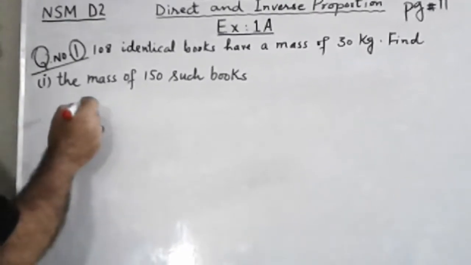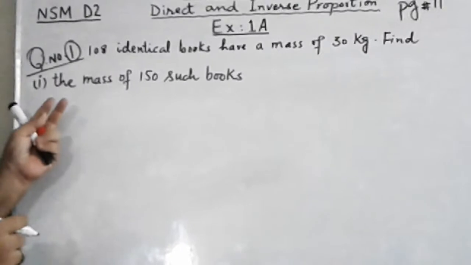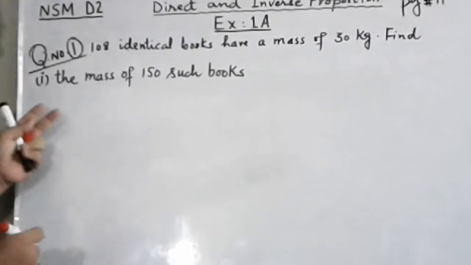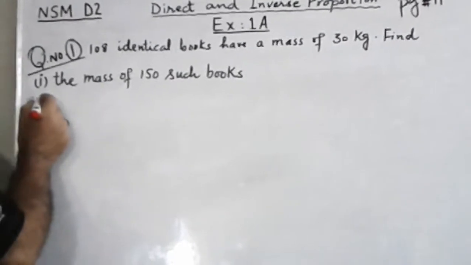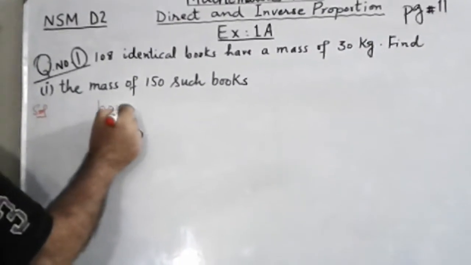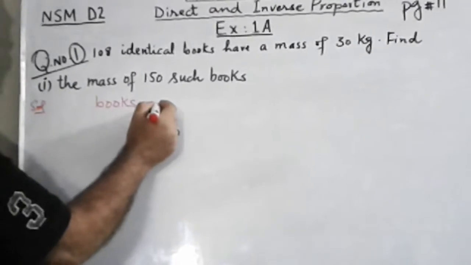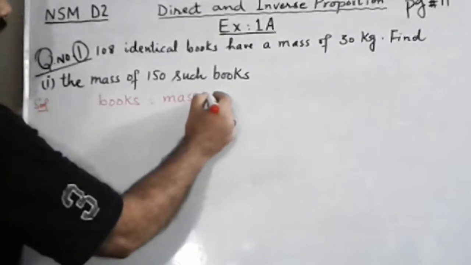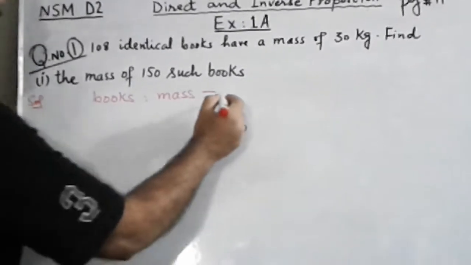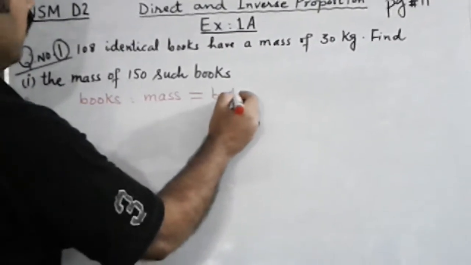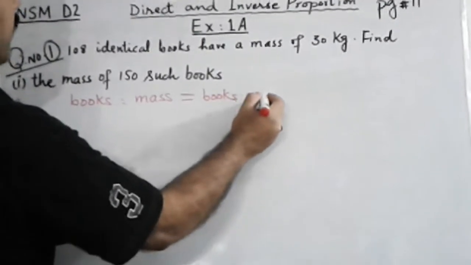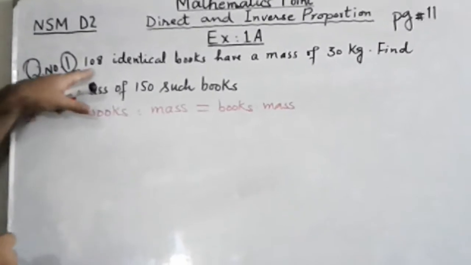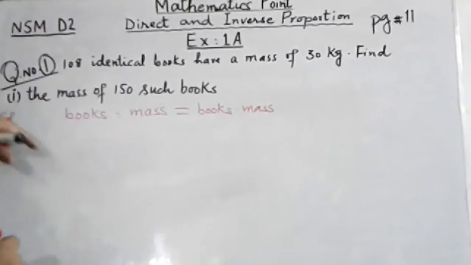So we have basically two quantities, books and mass. First we write it as books ratio mass equals books ratio mass. In the statement, 108 identical books have a mass of 30 kg.